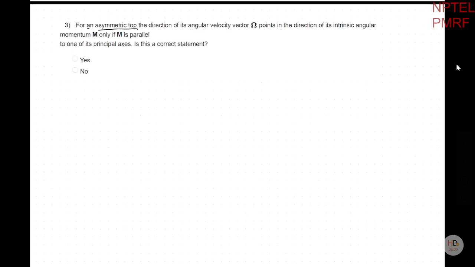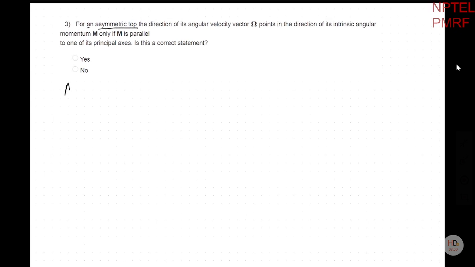Okay, so it's given that it's asymmetric, right? So now you have M, and it also has some principal axes, right? So in that frame you have I1 omega 1 plus I2 omega 2 plus I3 omega 3. The question is, can this be parallel to omega?